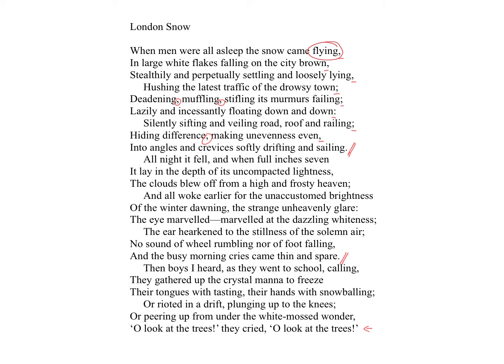Now, we understand that as in large white flakes falling on the brown city. So the city is brown and we know that snow is white, so we've got that contrast of colour. So when everyone was asleep, the snow came flying. It was falling in large white flakes on the brown city.